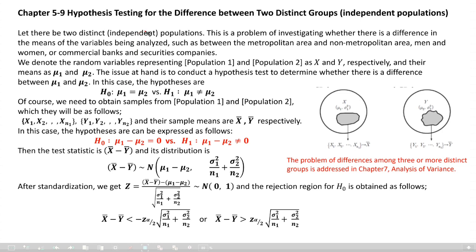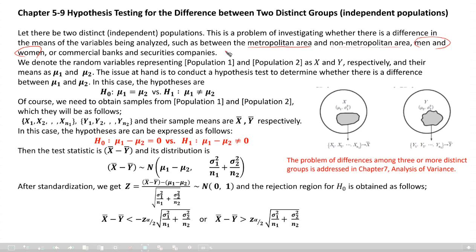Testing hypothesis for the difference between two distinct groups, say independent populations. This is a problem of investigating whether there is a difference in the means of variables being analyzed, such as between metropolitan and non-metropolitan areas, men and women, or commercial banks and securities companies, that kind of two independent groups.